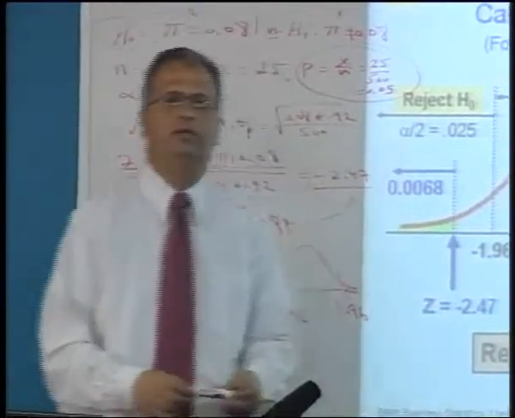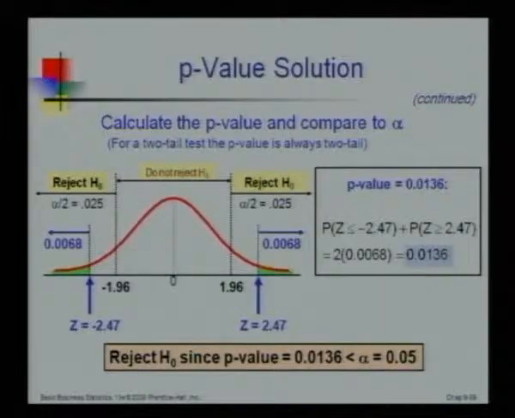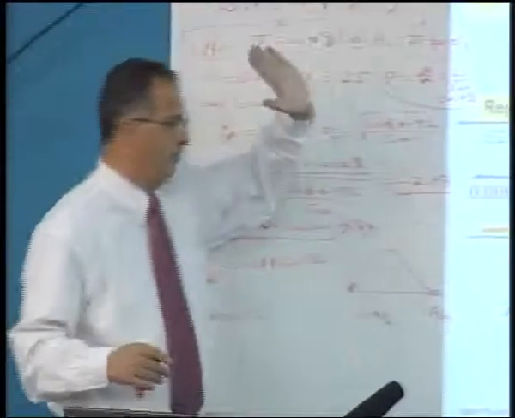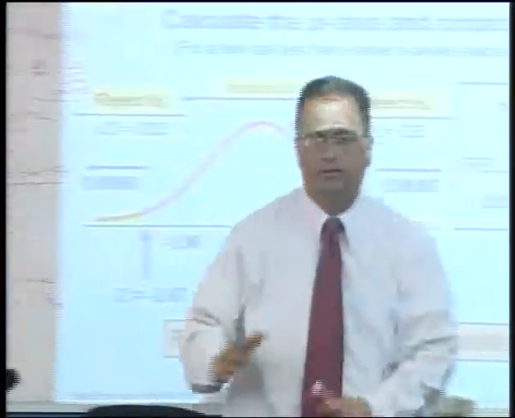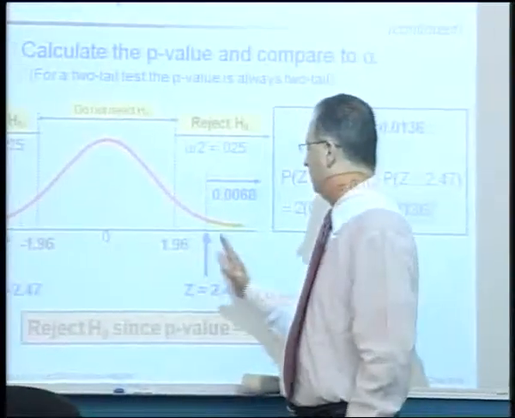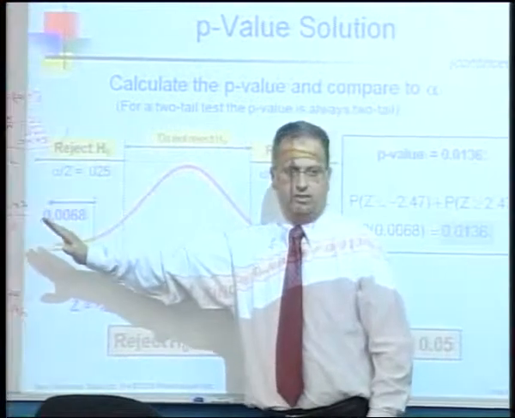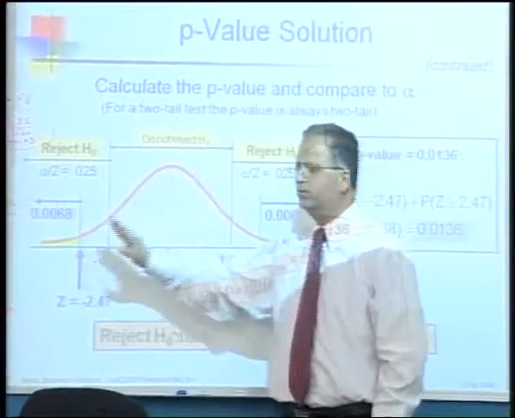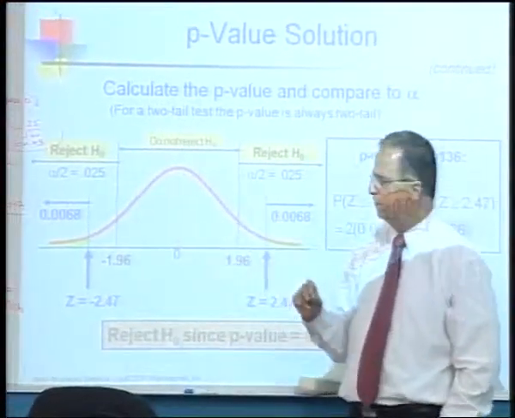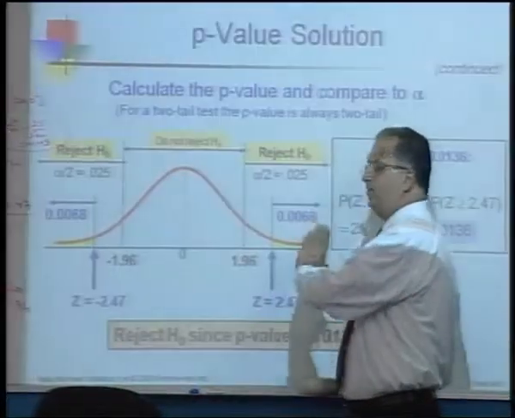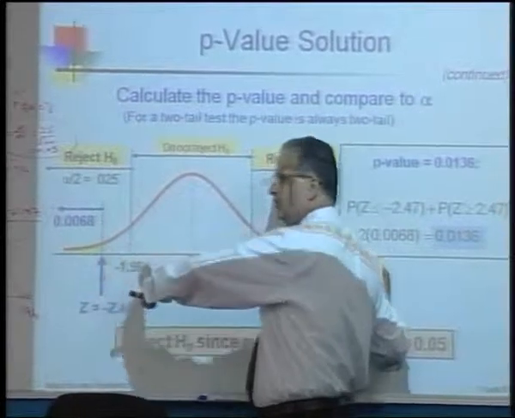Let's compute the p-value for the other approach. Now in this case, we are testing a two-tailed test. So your p-value may be greater than or smaller than. So we have to compute one of these two, then multiply the answer by 2, because the area to the right of 2.47 equals the area to the left of negative 2.47.